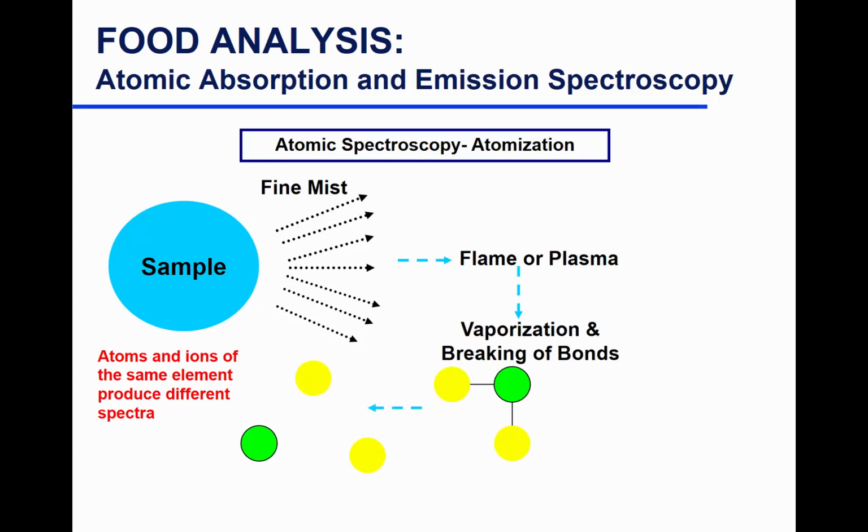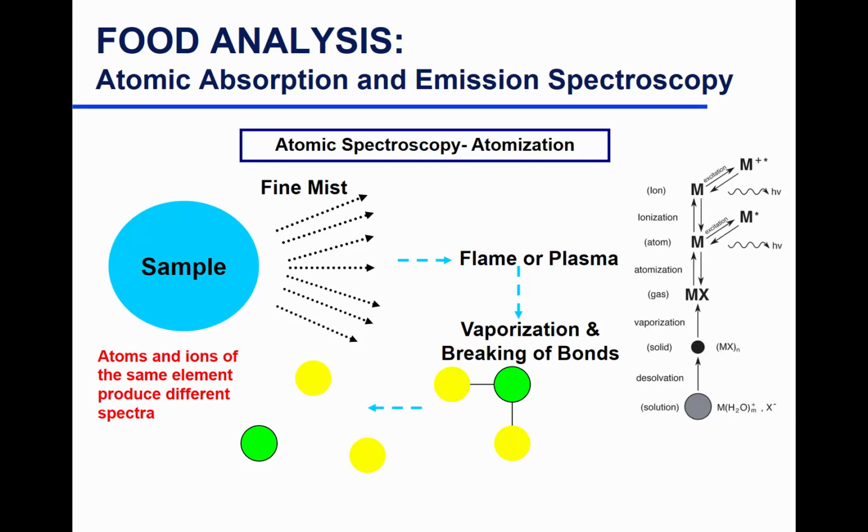There, your solvent is vaporizing, and then your molecular bonds are breaking, and you end up with atoms in a gaseous state. So you have your solution, with your element of interest in a molecular form, and you get desolvation, which means the evaporation, and then you end up with your solid.